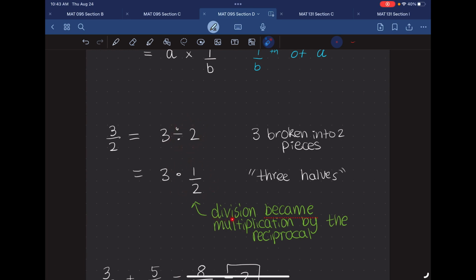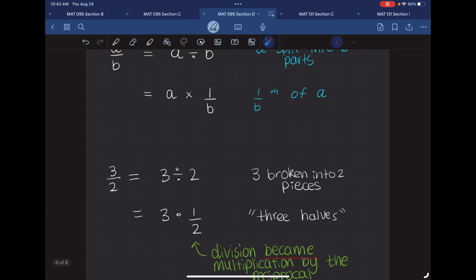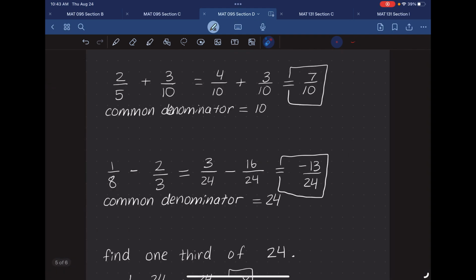And I wrote right here, division became multiplication by the reciprocal. And that's true for any number. Division is for sure multiplication by the reciprocal.